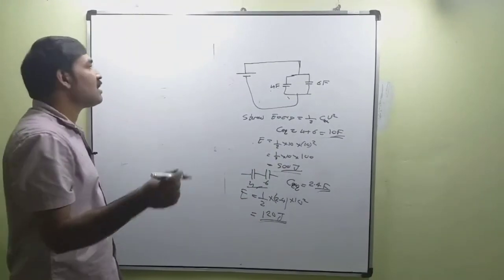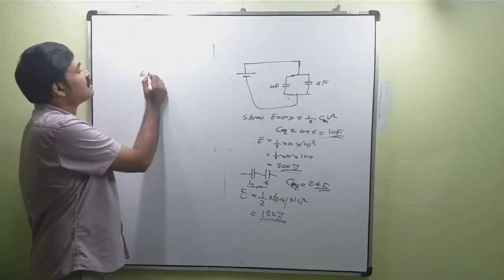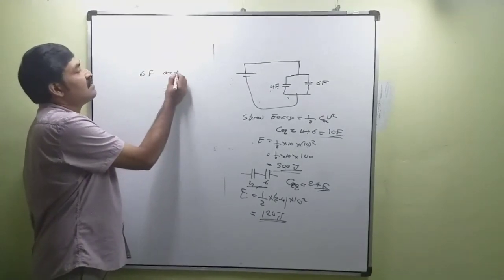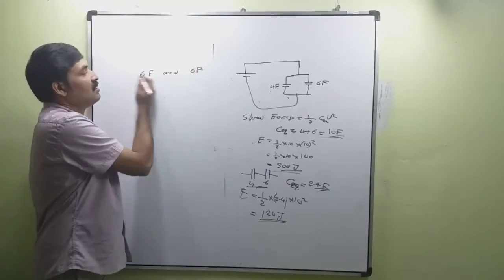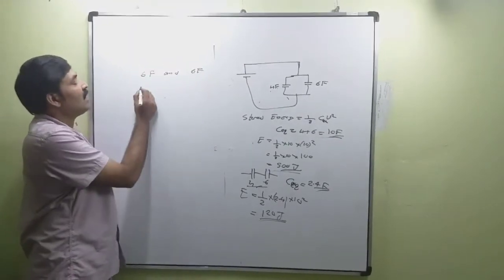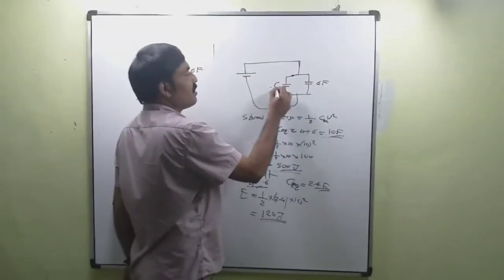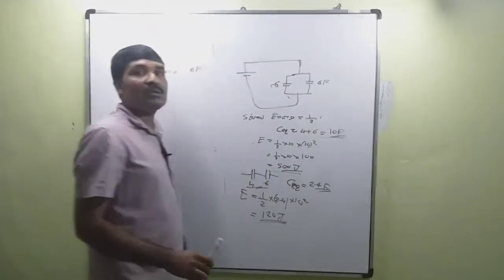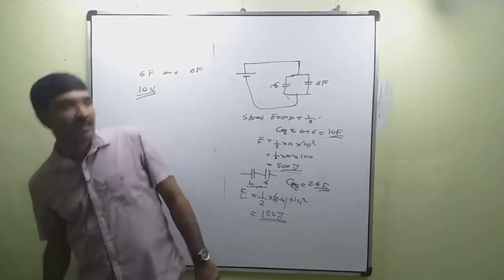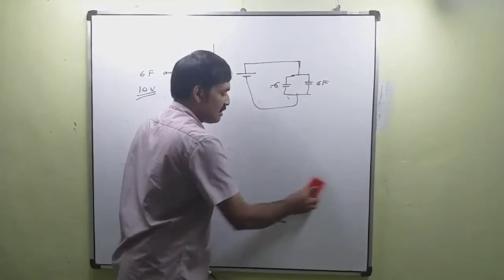Now suppose the capacitances have equal value. Let 6 farad and 6 farad. This is connected across a 10 volt battery source. That means the values of both the capacitances are the same.